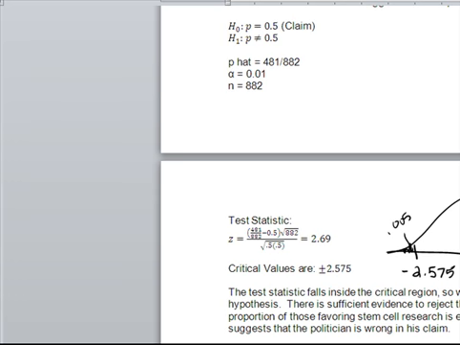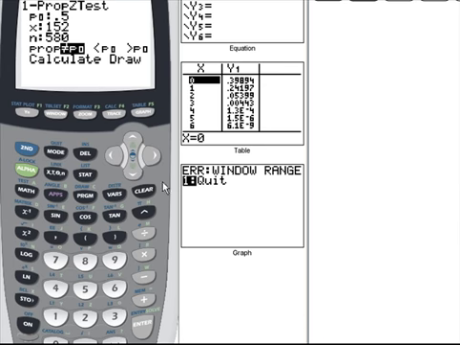So I need 481, enter, out of 882. And for our alternative hypothesis, we want to identify that the proportion is not equal to the figure from the null hypothesis. So calculate is where we want to go, and I'm going to enter on that.